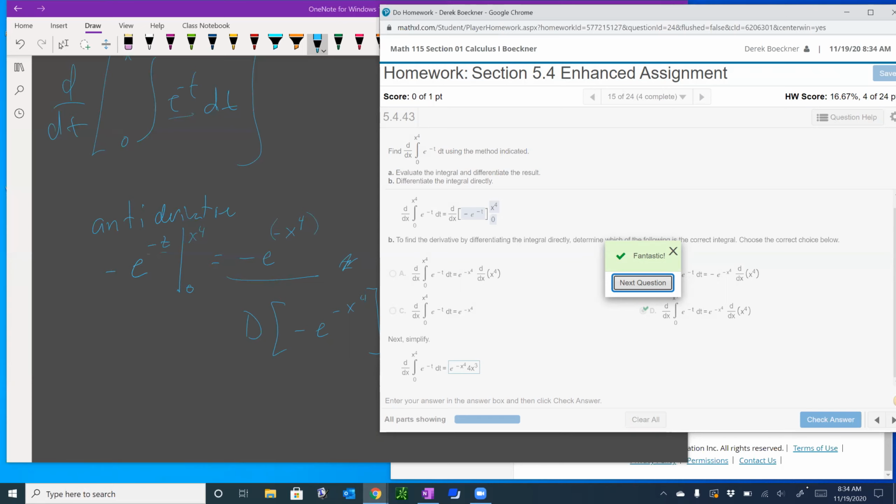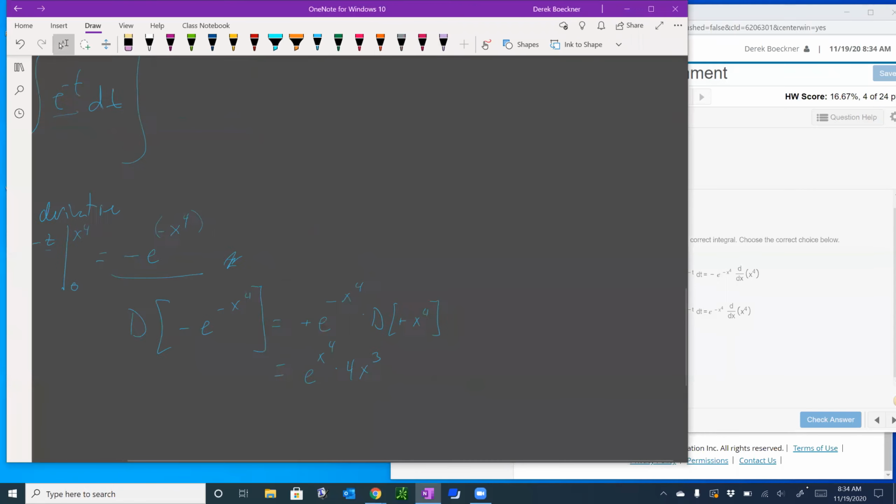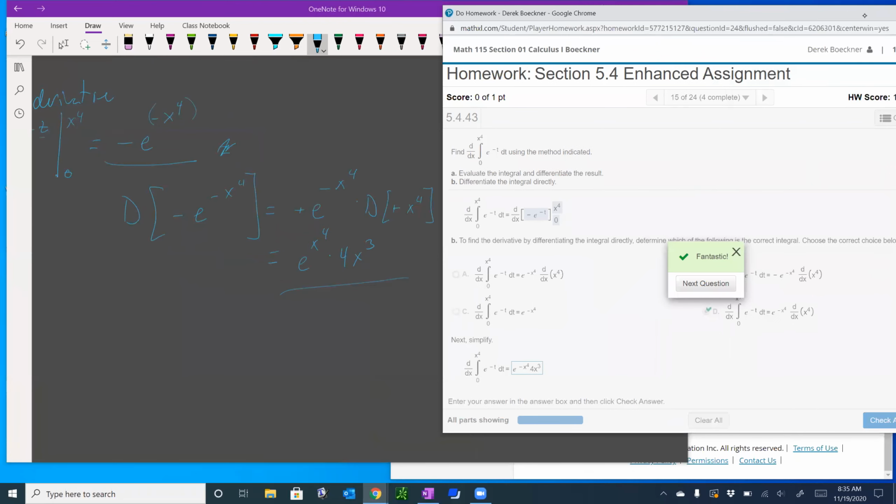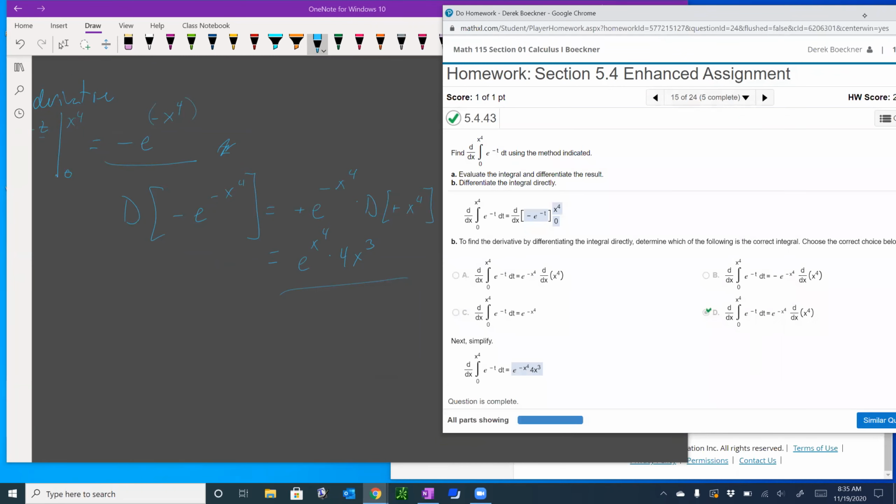Questions on that one? I actually took the derivative. Here, you've got e to the minus x to the fourth times the derivative of x to the fourth.